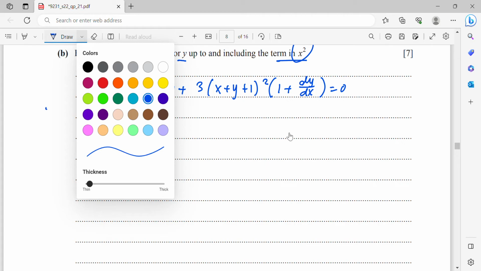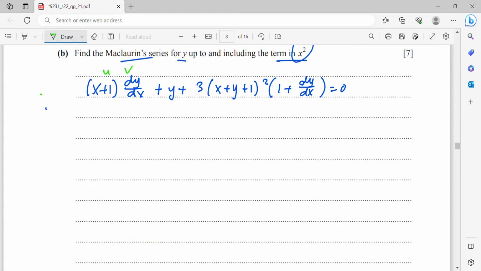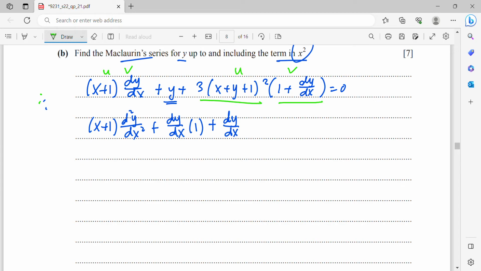Okay, so again, when you differentiate, the first is uv, here is u, this is v. Again, product rule, keep the first, differentiate dy/dx is d squared y over dx squared, plus, keep the dy/dx, differentiate x plus 1 is 1. Done the first differentiation. Now, when differentiate plus y, it's going to be plus dy/dx. Now the next, I treat this as u, and this bracket is v.